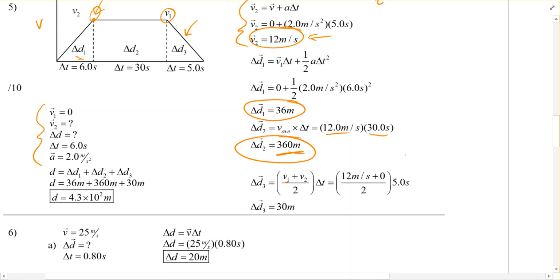So we're going to have 12 plus 0, because V2 is going to be 0, right? It comes to a stop. Divide by 2, and then that all happened within 5 seconds. So then D3 is equal to 30. And then over here, we just need to add them all up. I've got 36 plus 360 plus 30, which is equal to 4.3 times 10 to the 2 meters.